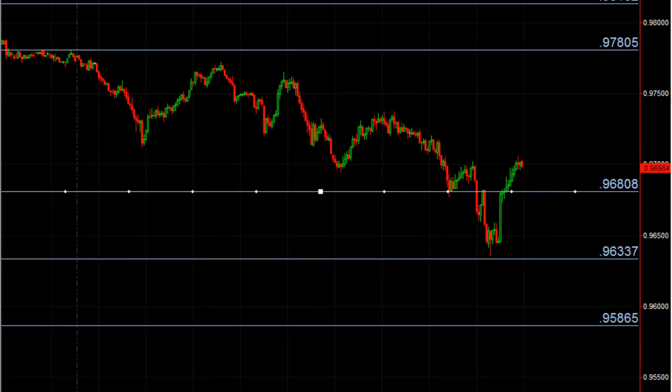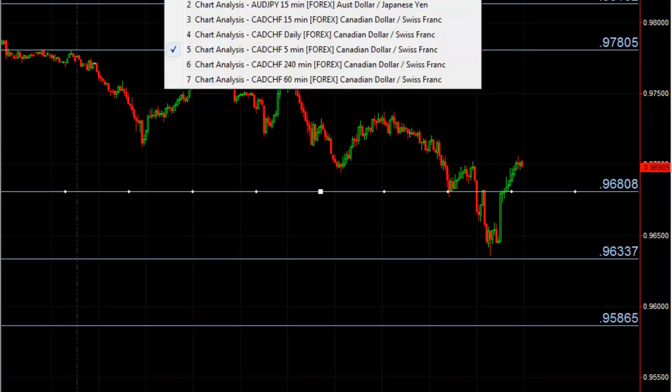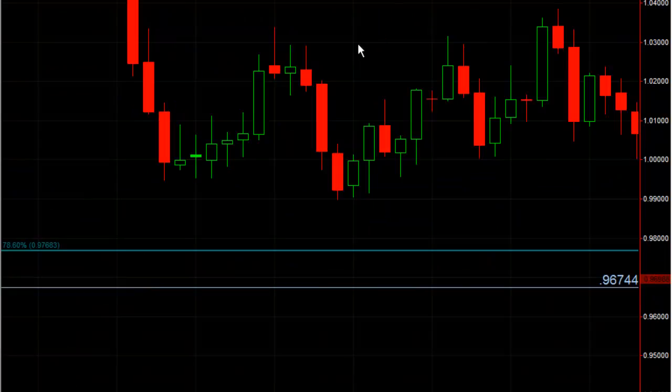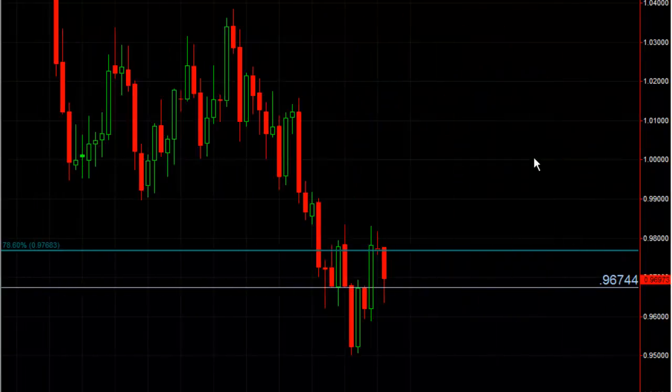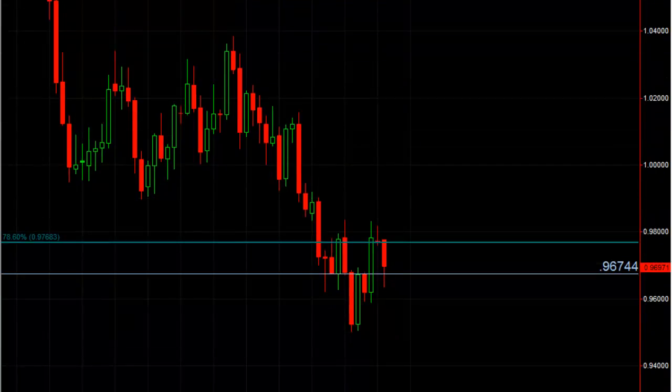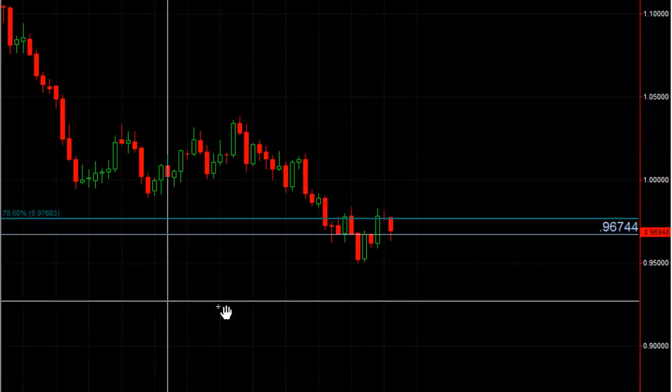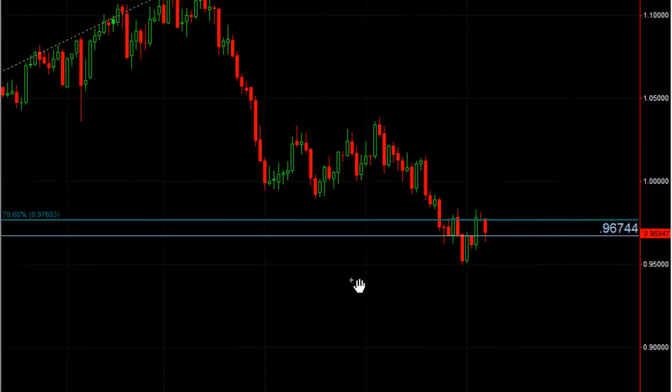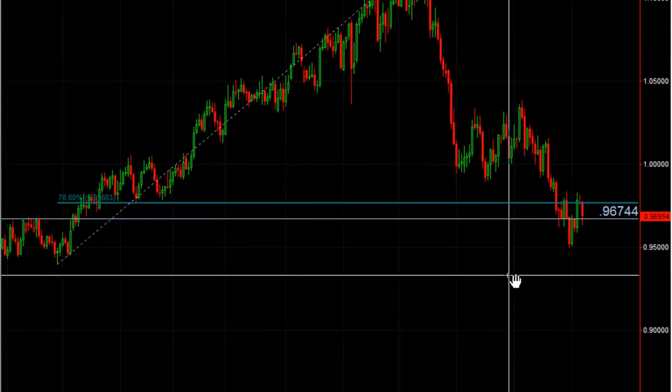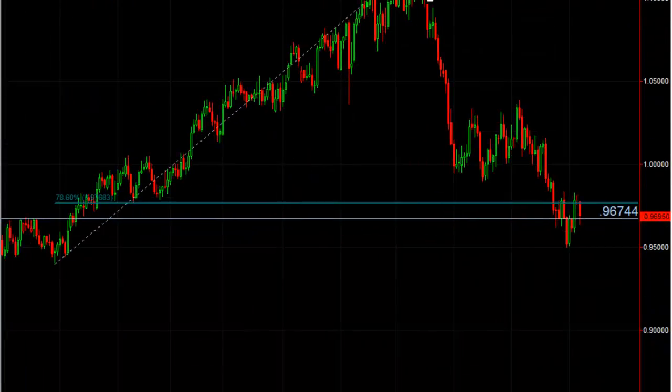0.9680. Apart from that, we did a top-down analysis. We looked at the CAD CHF daily chart. The daily chart was very interesting. We were in an uptrend initially on the daily chart, and then we currently are in a downtrend.